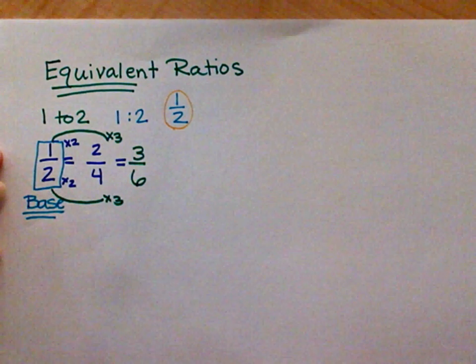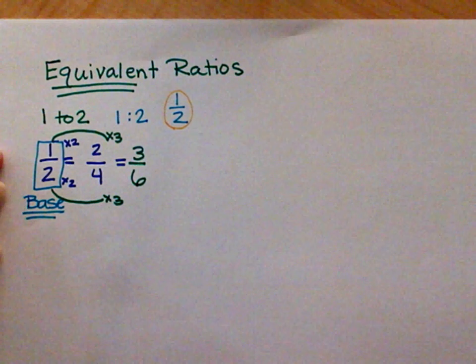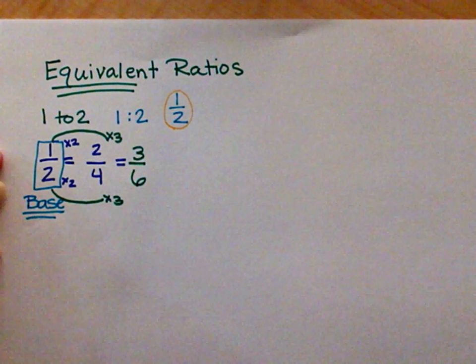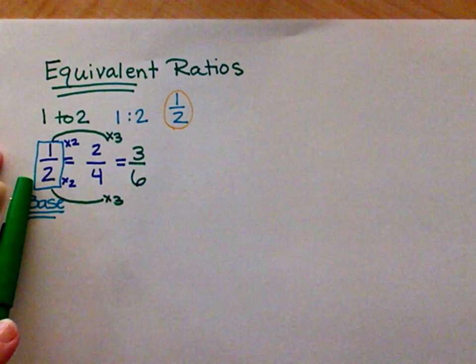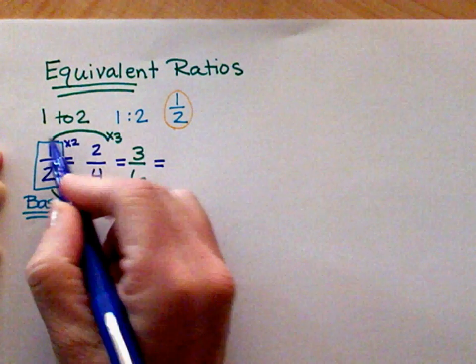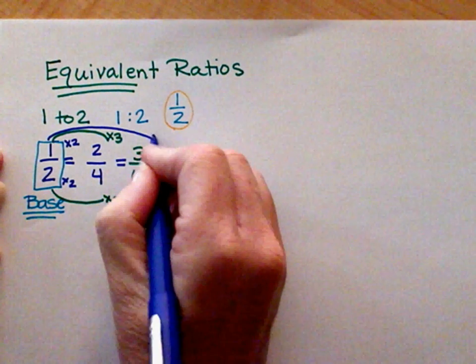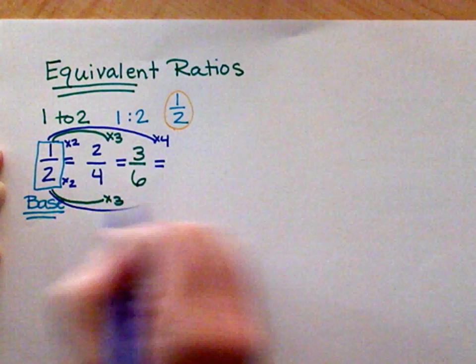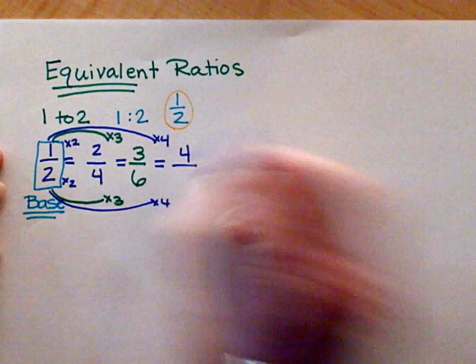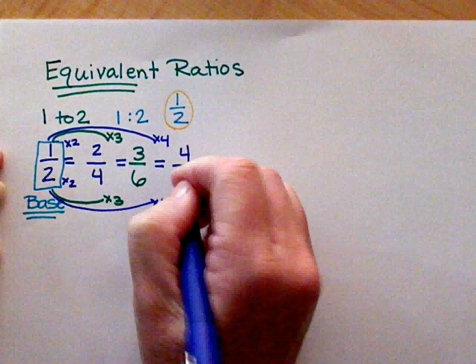I am building a table that has equivalent ratios. I can continue to build, but I always go back to my base. And let's write another one. Go back to my base, but this time I'm going to multiply by 4, and 1 times 4 is 4, and 2 times 4 is 8.